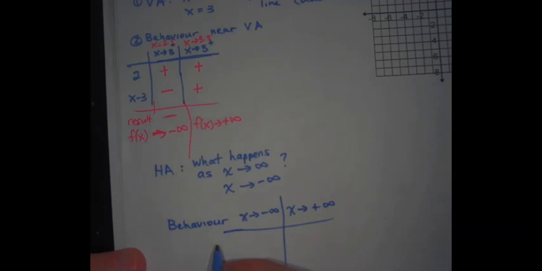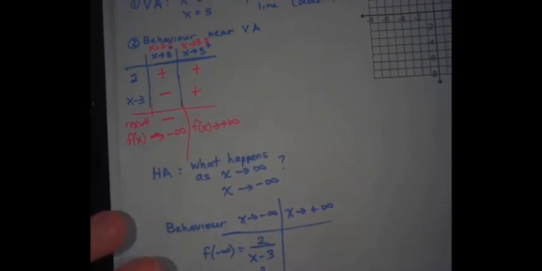We can look at that and even put in f at negative infinity, right? 2 over x minus 3. Well, that's 2 over negative infinity minus 3.